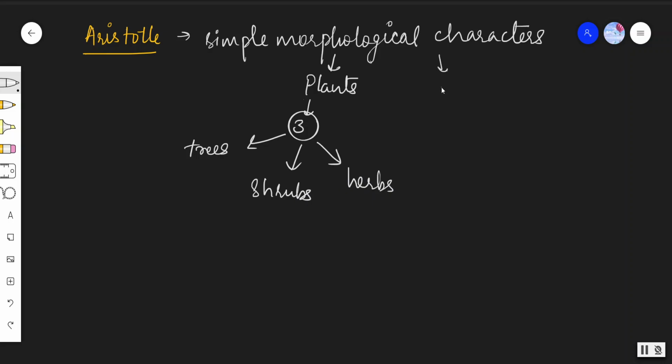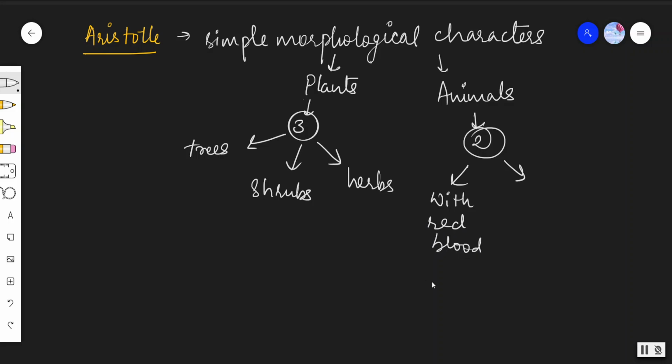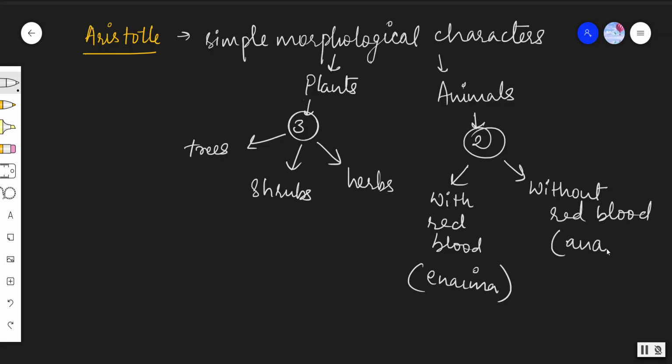And animals he classified into two groups: those who are with red blood, named Enaima, and those who are without red blood, known as Anaima. Clear? This was given by Aristotle.